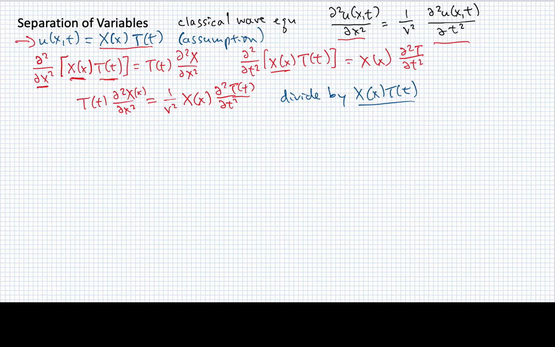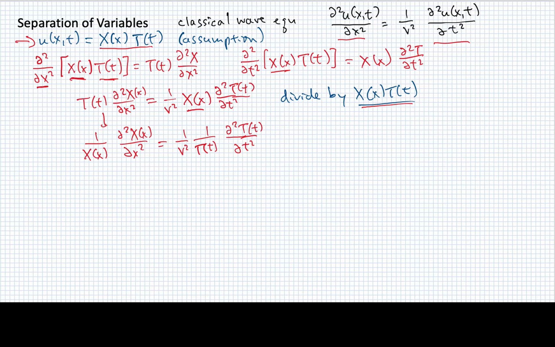Well, over here on the left-hand side, I'll end up with 1 over X of x, because I've divided out the t part, times d squared X of x, dx squared. And over here I'll have 1 over v squared, times 1 over T of t times the second derivative of T with respect to time squared.